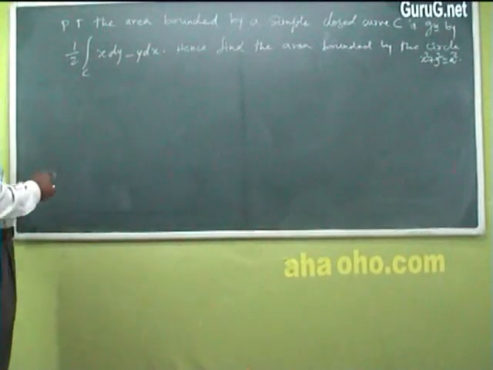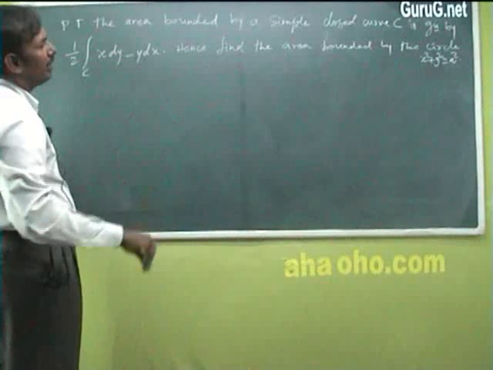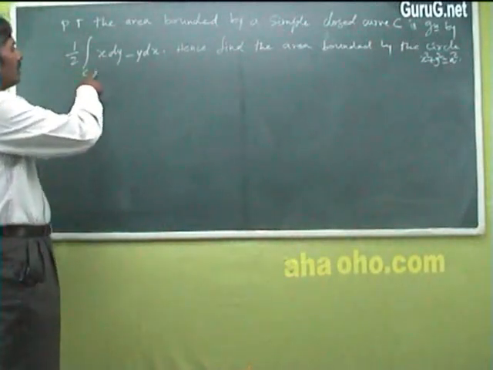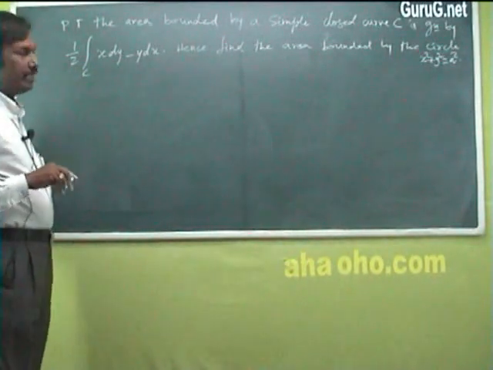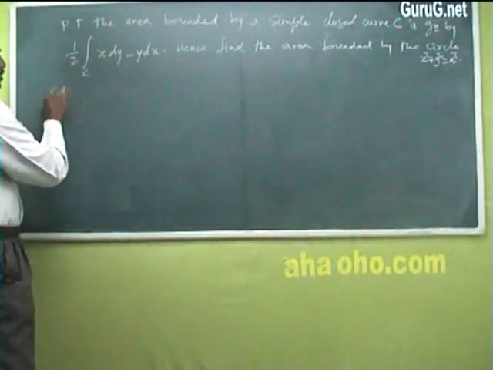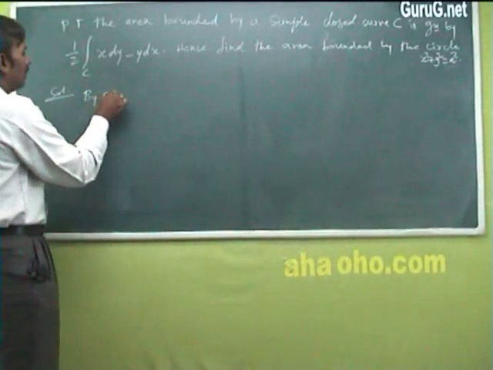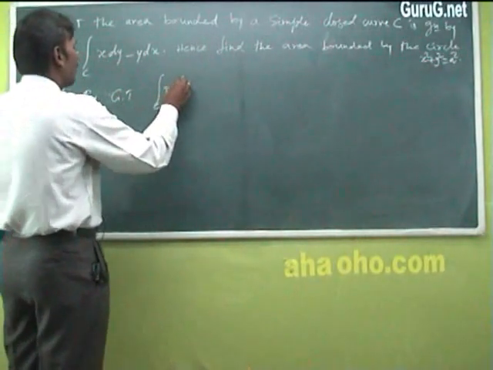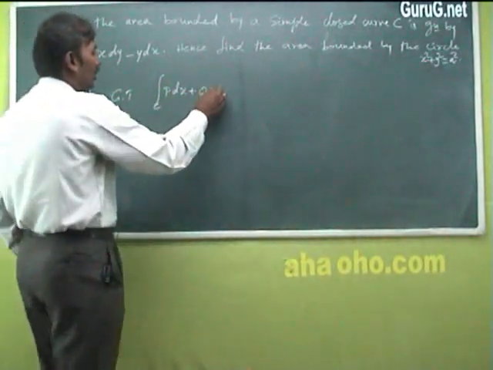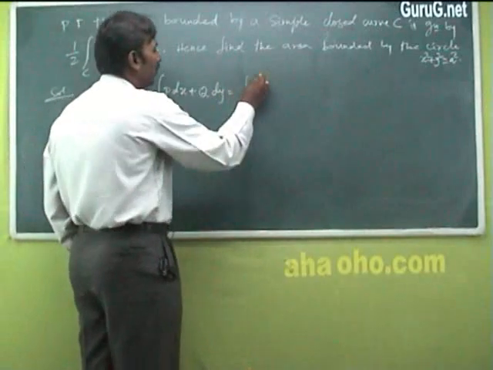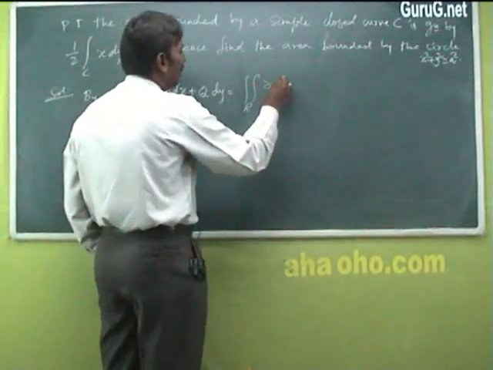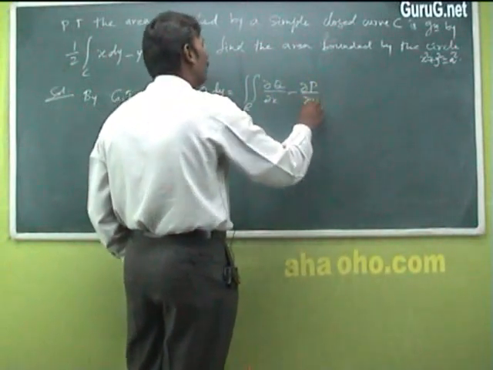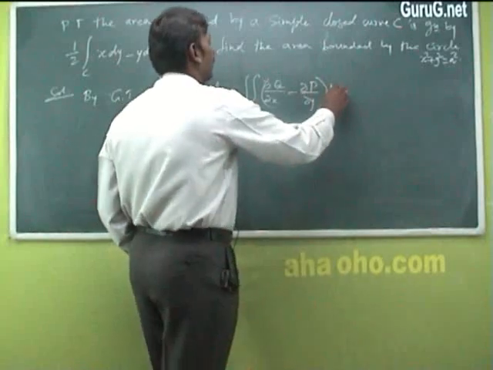Right. So now I have to prove that the area bounded by a simple closed curve C is given by 1 by 2 into integral over C x dy minus y dx. So by the statement of Green's theorem, integral over C P dx plus Q dy equal to double integral over R of dou Q by dou x minus dou P by dou y into dx dy.